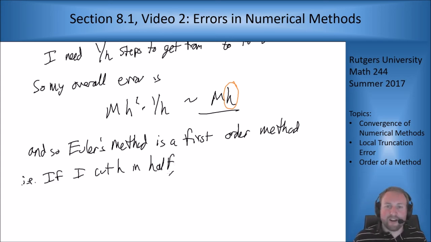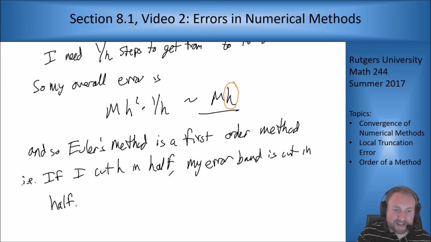Well, if I cut h in half, my error bound is proportional to h. So I expect to see that I would be half as far away from my solution. I would make half as much of an error if I cut my h in half. If I cut h to a quarter, I'd expect my error bound to be quartered, which means I should be about 4 times as close to the solution.